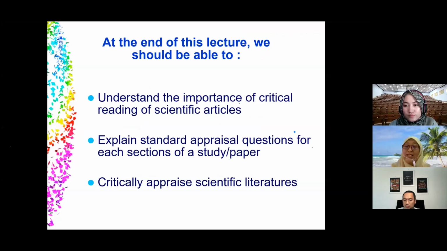Number 2, at least we know the standard appraisal questions when you read a paper, addressing each section of a paper. And finally, hopefully, you have some idea how to do a proper critical appraisal of scientific literature. So those are our 3 objectives.